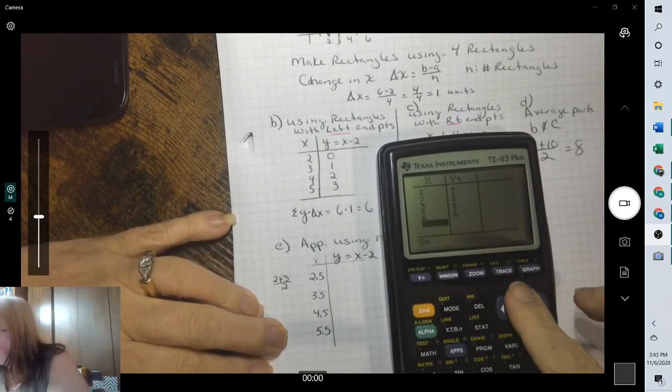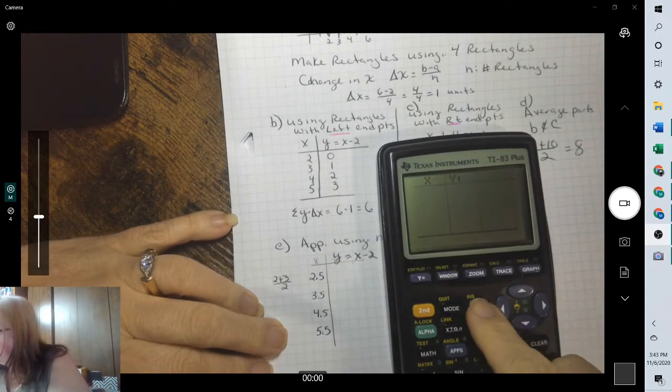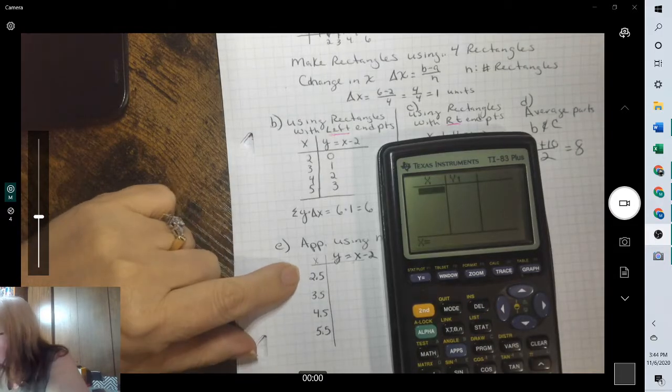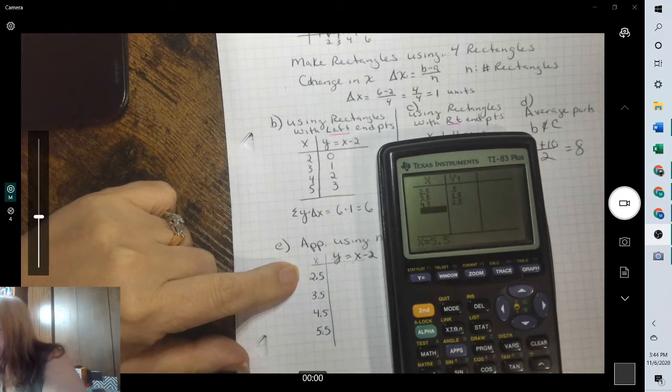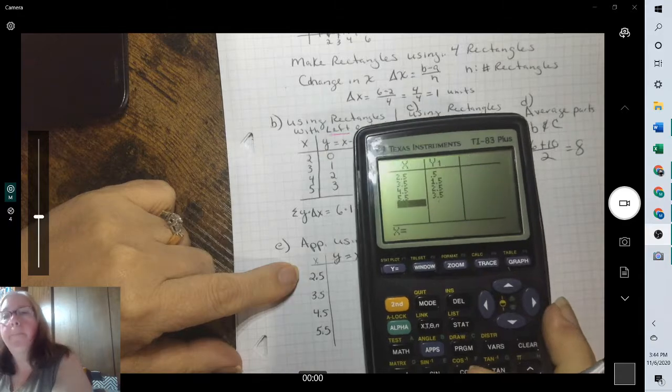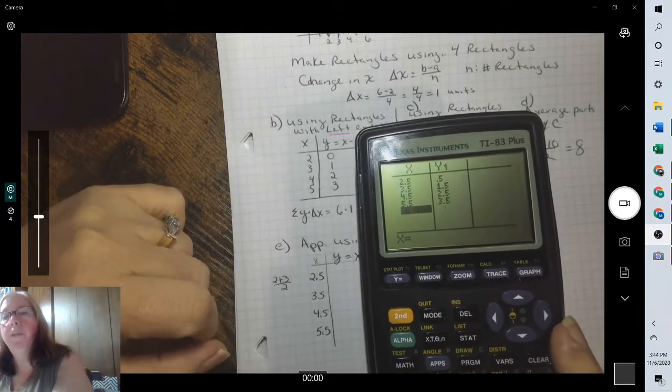So then we go to our table. I'm going to delete these. And then I want 2.5, 3.5, 4.5, and 5.5. 5, 1.5, 2.5.